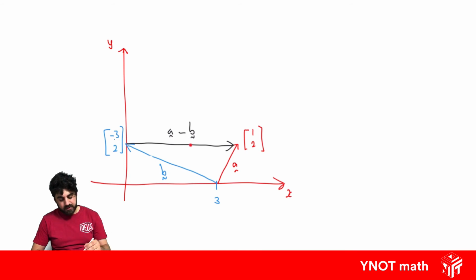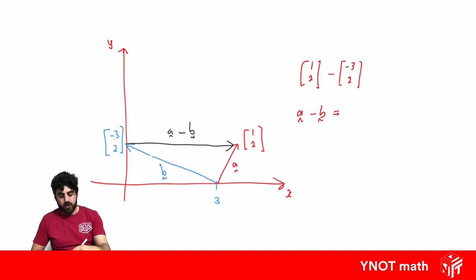Because they're at the same height of 2, it's expected that its y component is 0, and its x component should probably be 4, because that's a distance of 3 and that's a distance of 1. But let's just check to make sure. So we can take the vector A minus the vector B to get our A minus B vector.